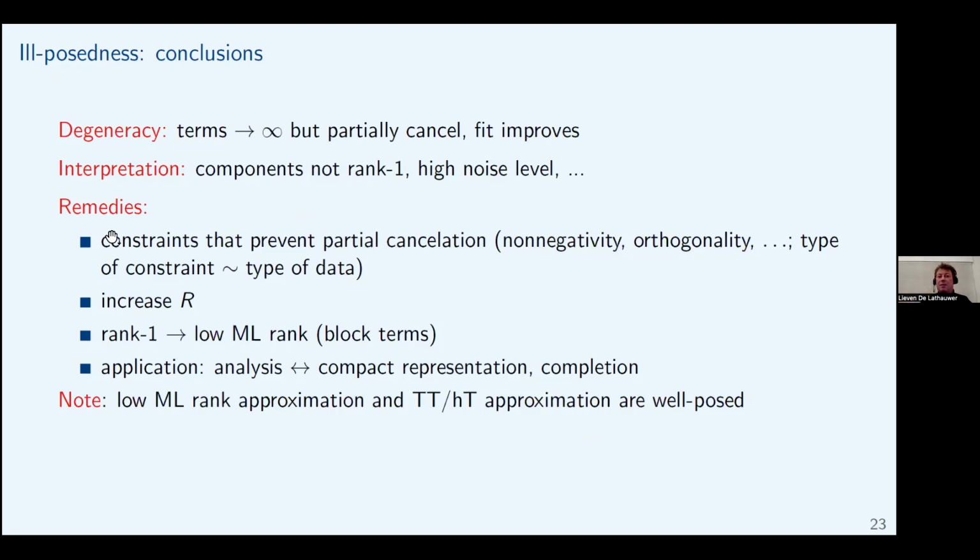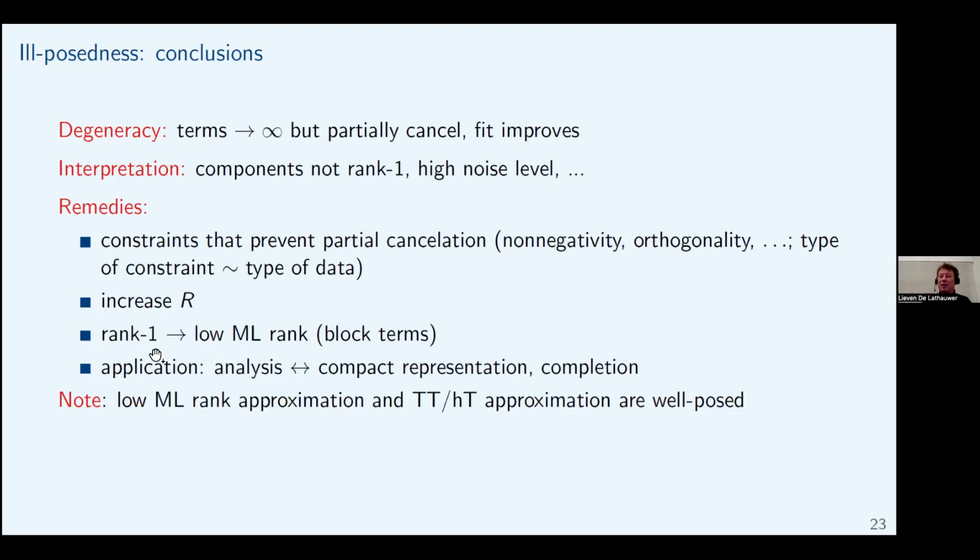Namely, clearly what you're looking for is not there or it does not make sense. And this can mean several things. It can mean, for instance, that your noise level is too high and you are too ambitious. You're trying to find rank 1 terms that you cannot find. The problem is too difficult. Or maybe you are looking for 2 rank 1 terms, but the tensor is rank 3, and that's the reason you need to look for 3 rank 1 terms.